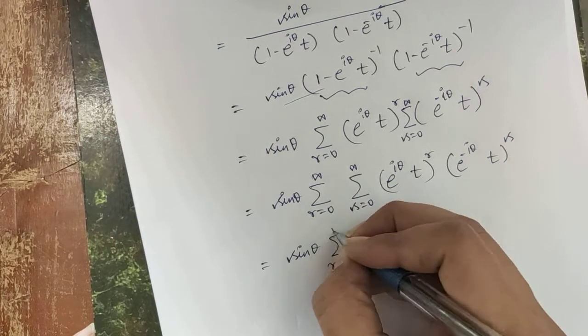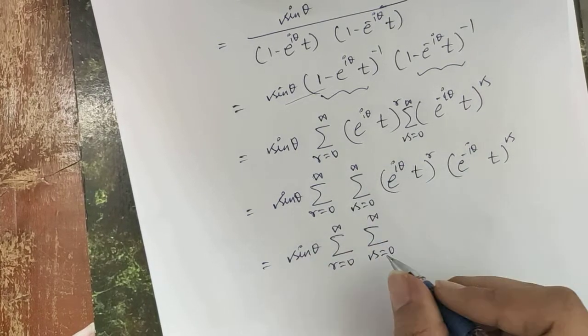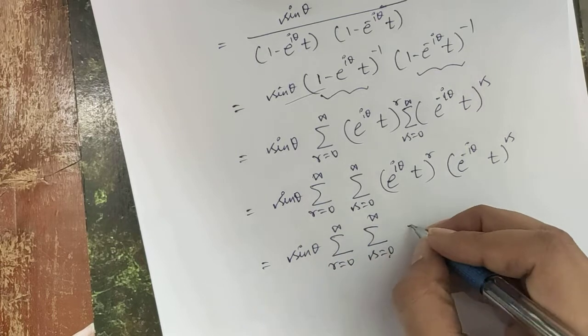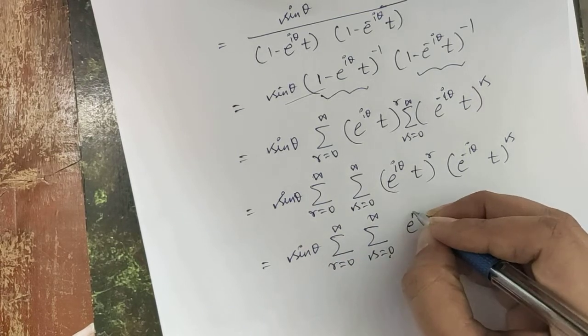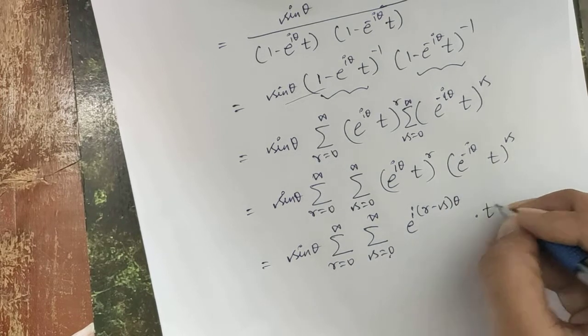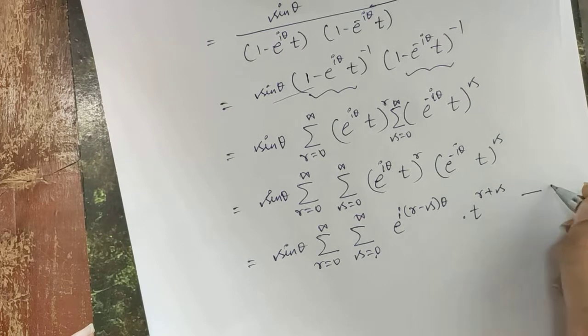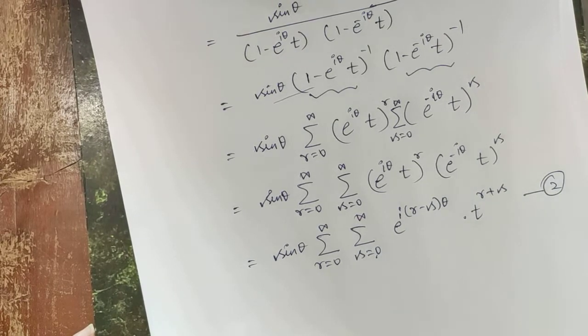Sin theta into summation r is equal to 0 to infinity, summation s is equal to 0 to infinity, e power i into (r minus s) into theta into t power (r plus s). So this is my equation number 2.